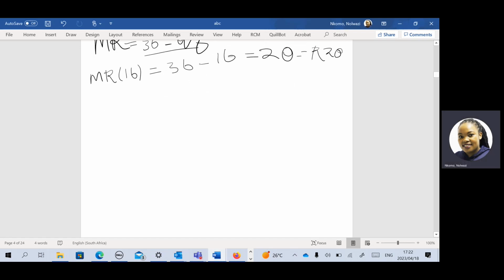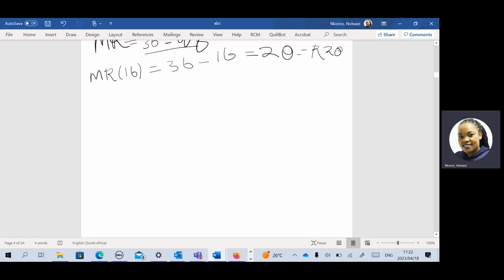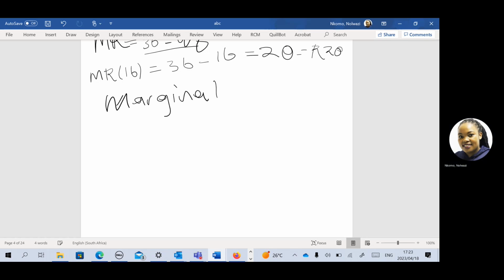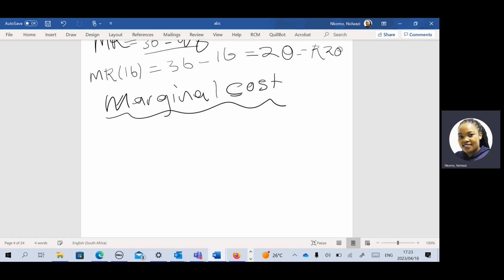Okay, our next topic is the marginal cost. We need to find the marginal cost. Remember at the beginning of this session, I said you will find the marginal cost by differentiating the total cost function.